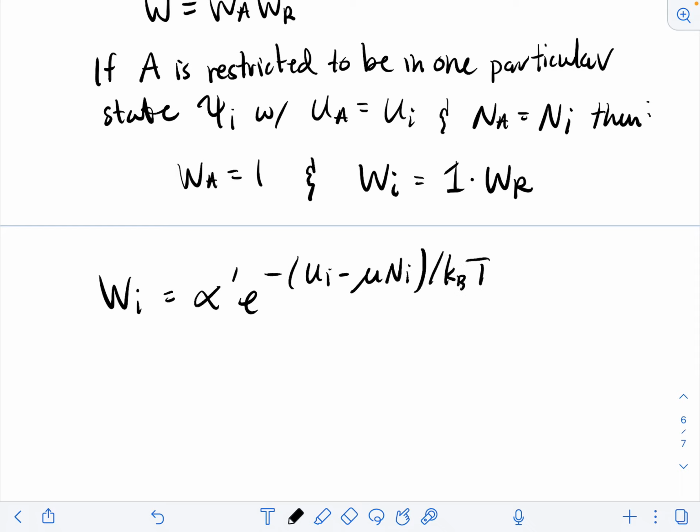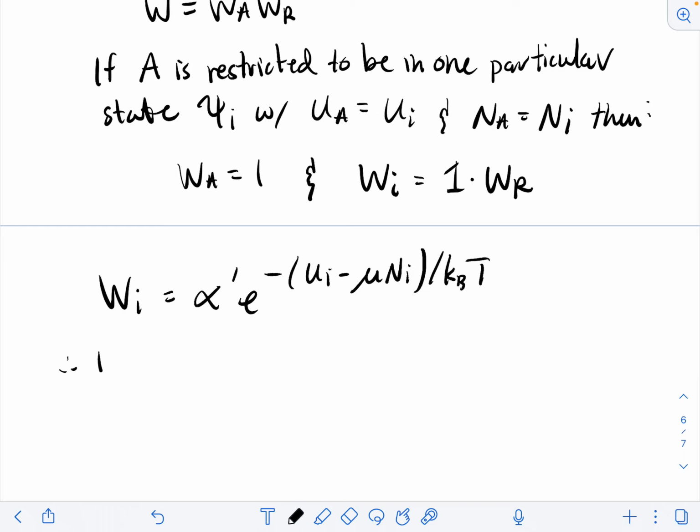What we did last time, you may remember, is we said, okay, now if we relax this constraint and allow system A to have any energy and any particle number, then we just sum over all those possible states, and then we get the total number of quantum states available to the entire ensemble.